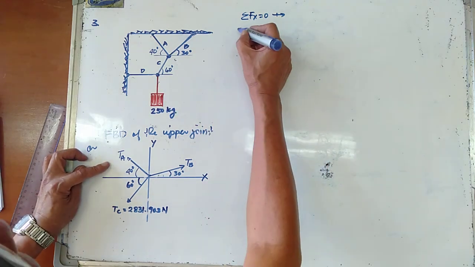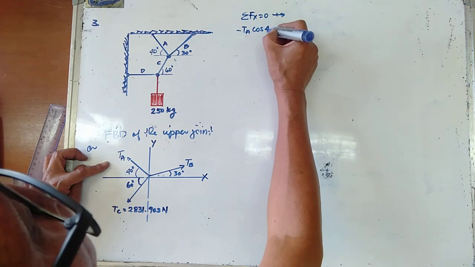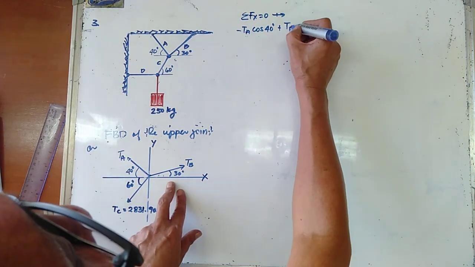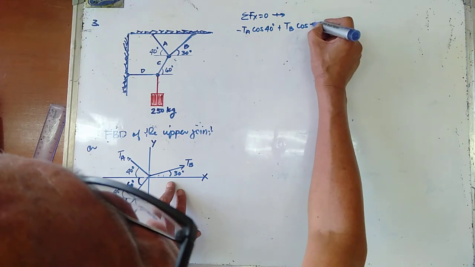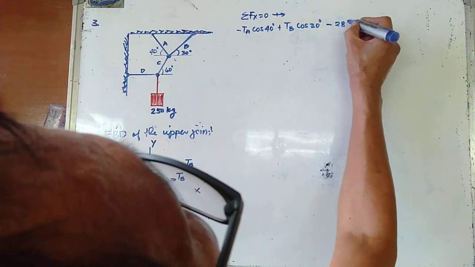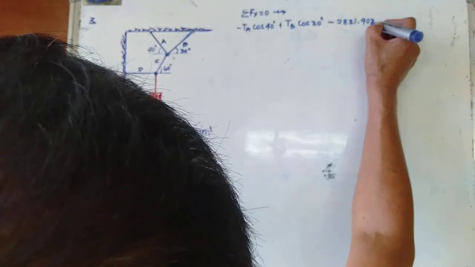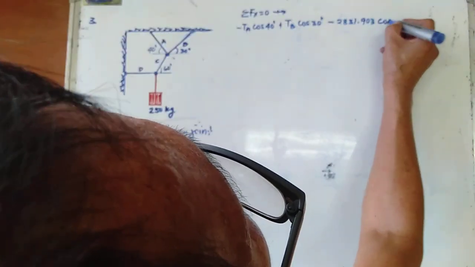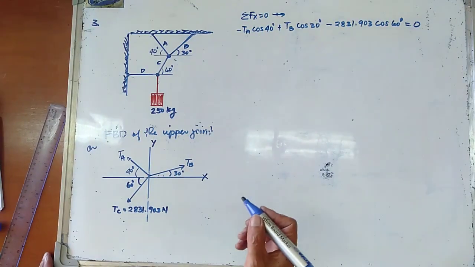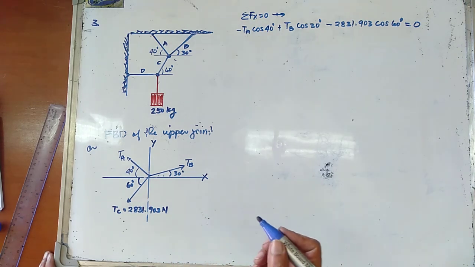So minus TA cosine of 40 degrees, plus TB cosine of 30 degrees, minus 2831.903 cosine of 60 degrees is equal to 0.